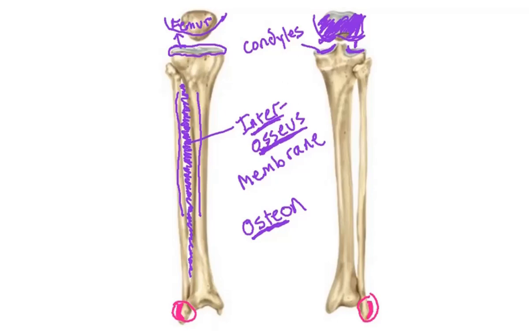And then you see the tibia as it comes out and sticks out into the median line. Remember, the bones of the limbs always stick out more medially than laterally. Laterally, they don't stick out too much.